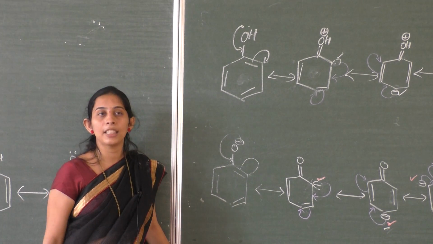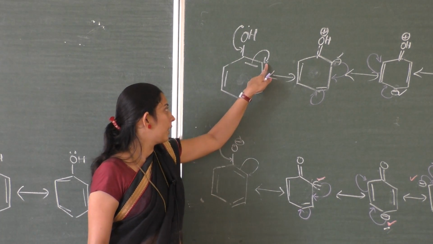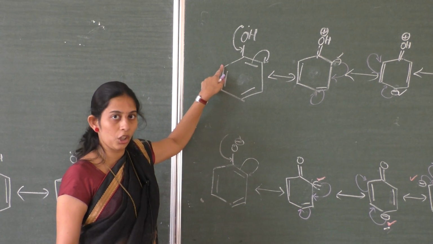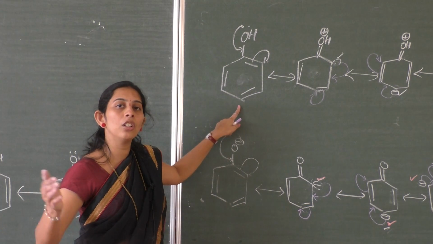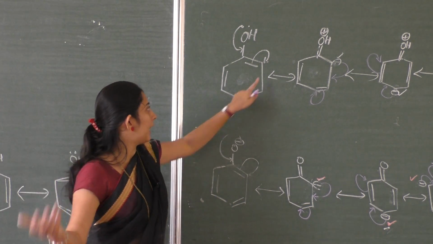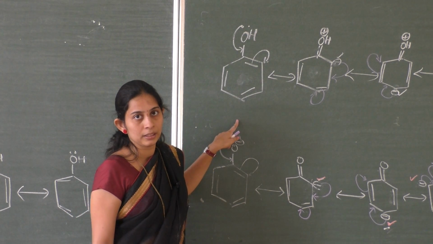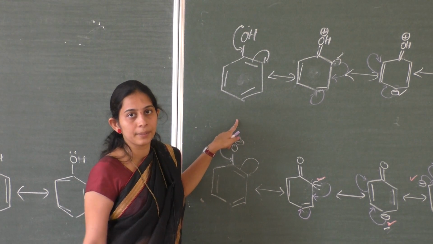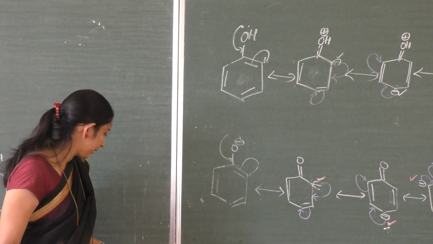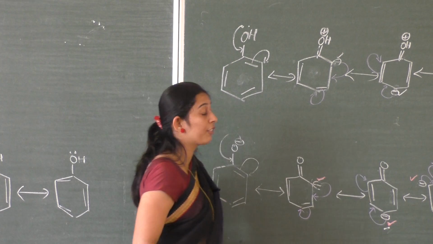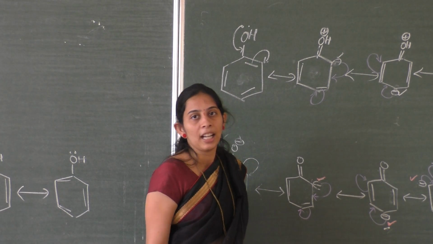It attaches to the second, fourth or sixth position, or I can say to the ortho and para position. The electron withdrawing group, that is the nitro group, comes and attaches. Hope it is clear. So that is regarding the acidic nature of phenol and phenoxide ion.